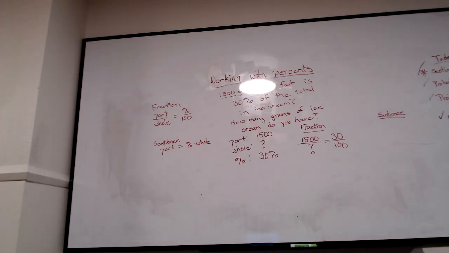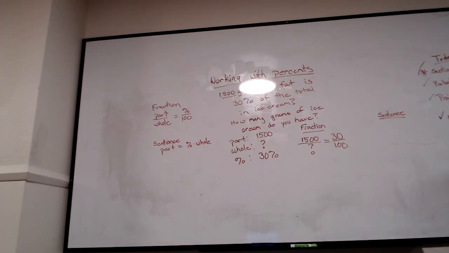Okay, Brownson, how do I write it as a sentence? Think about what we have. The sentence says the part is equal to the percent times the whole. So how would I write that? What's the part? 1,500.